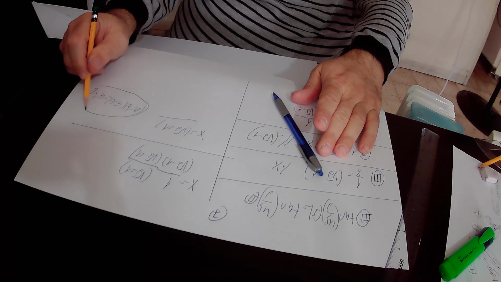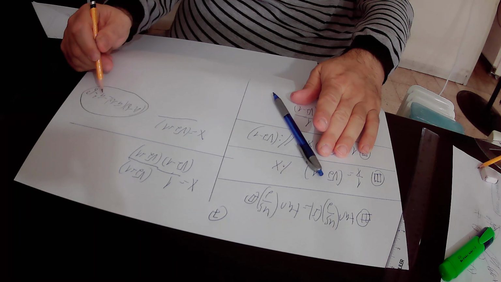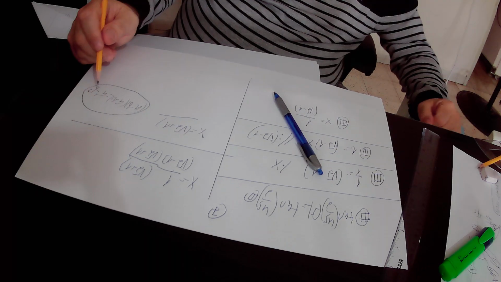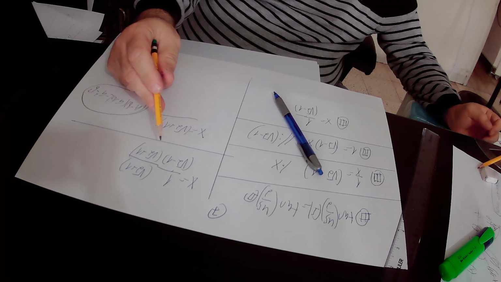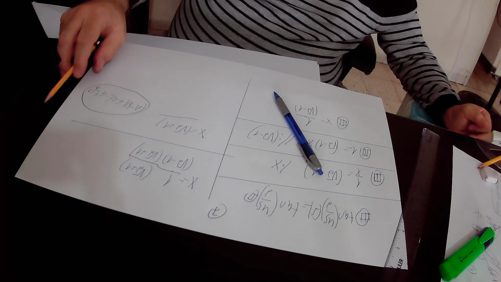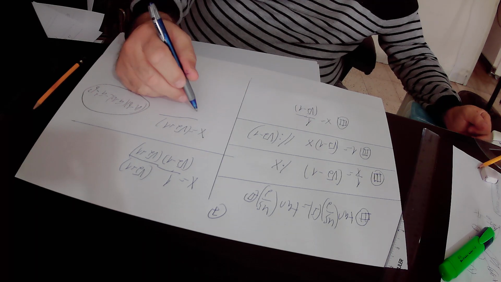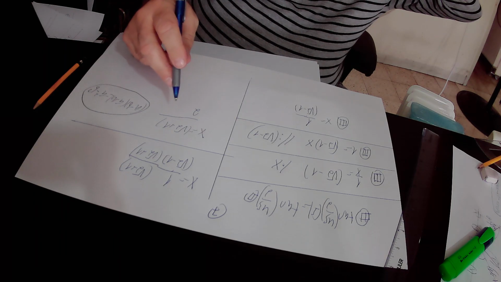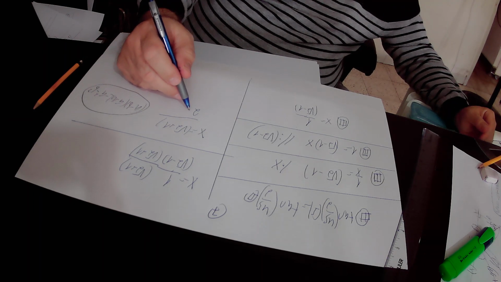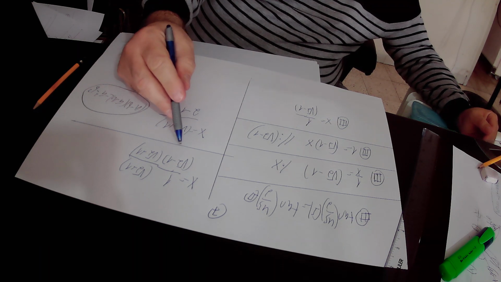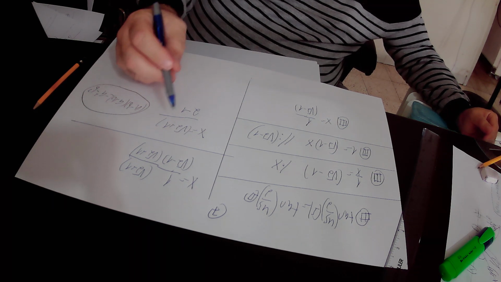According to this identity, the expression square root of 2 minus 1 times square root of 2 plus 1 will be equal to the square root of 2 squared, that is 2, minus 1 squared, that is 1. So in total this expression equals 2 minus 1, that is 1.